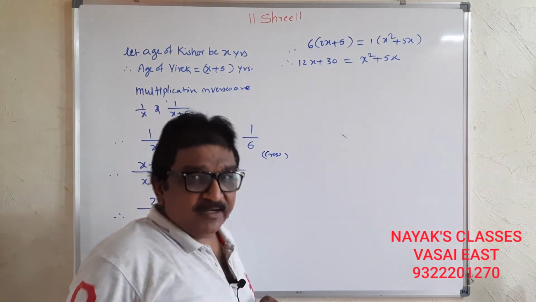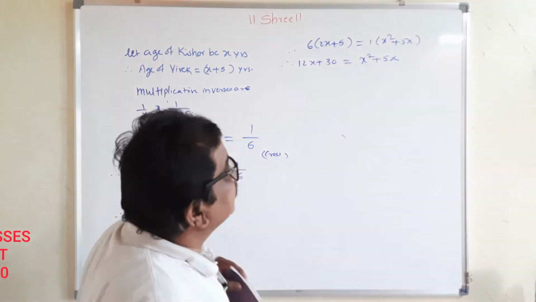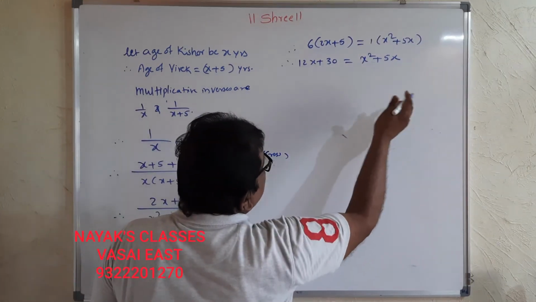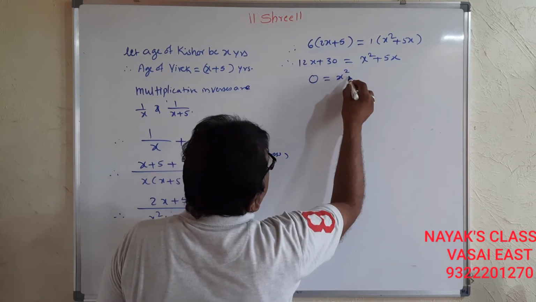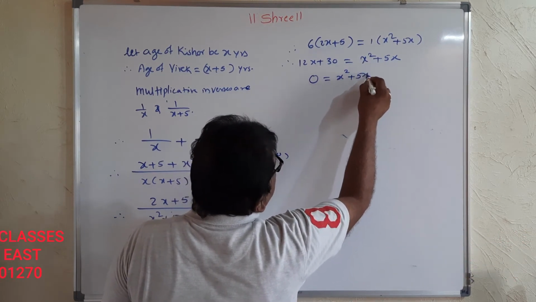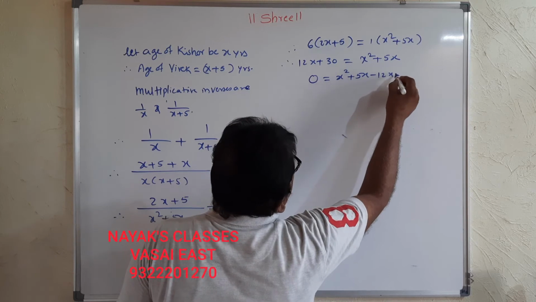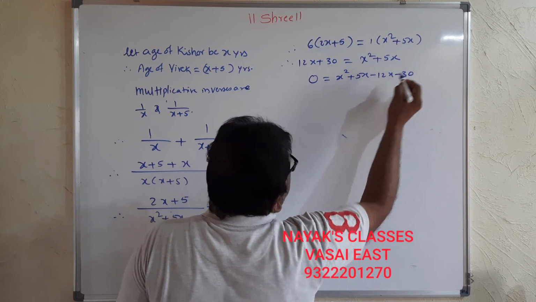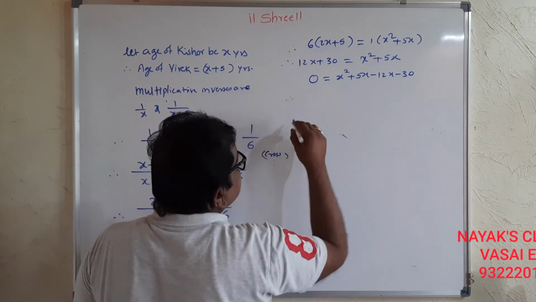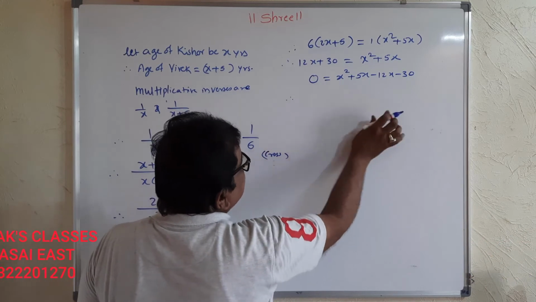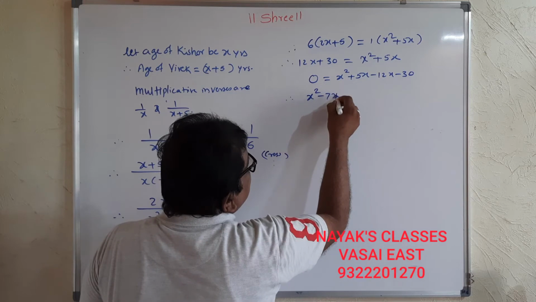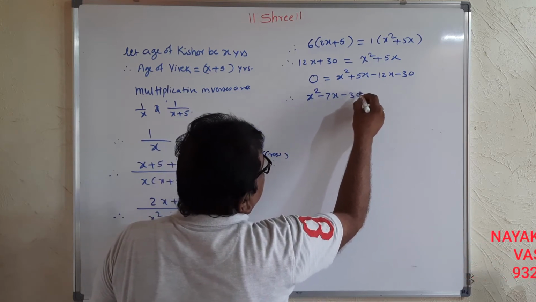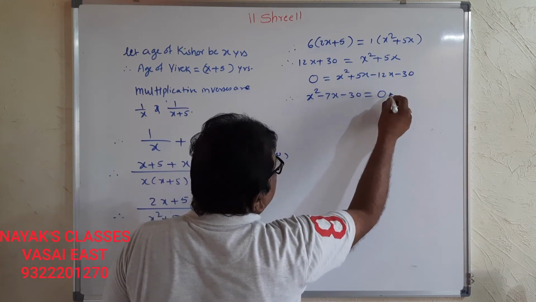Slowly we are getting our quadratic equation. So transfer all these things to that side. X square plus 5x minus 12x minus 30. Therefore, interchanging the sides, x square minus 7x minus 30 is equal to 0.